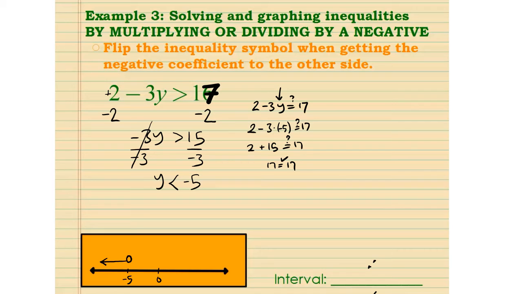Now let's see if our direction was correct. For our direction, we need to choose a value that is in the solution set. I will select an easy value here, let's say negative 10.